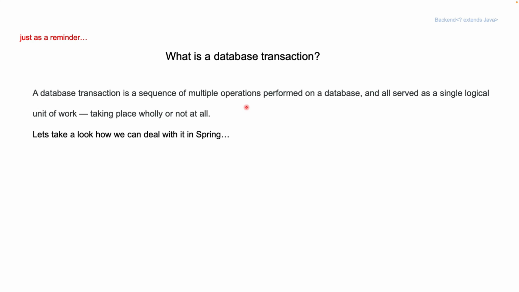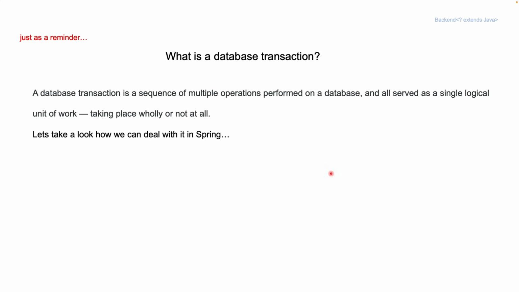It also depends on the relational database which we use. In some databases, it might be only operations for manipulation of data, something like insert, update, or delete. In some databases, it's also possible to put transactions around operations from data definition language.